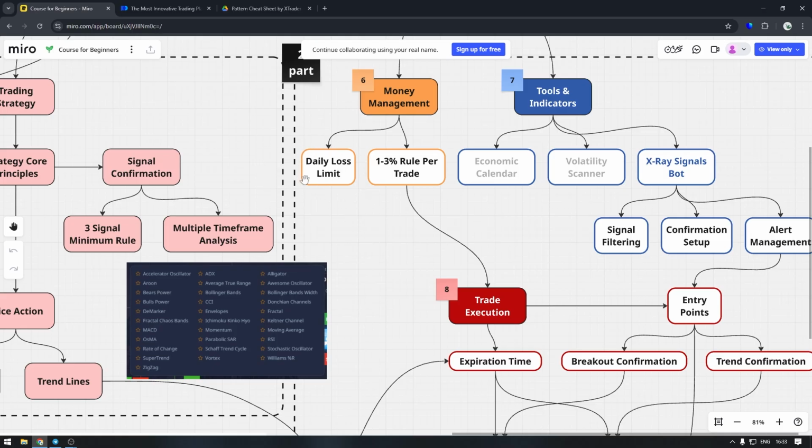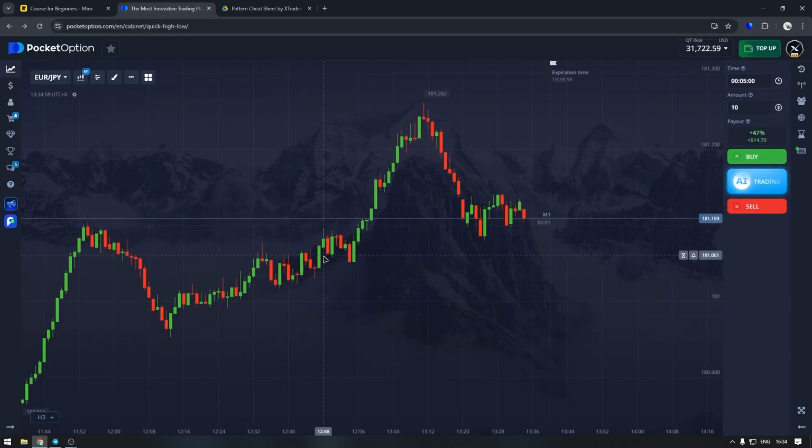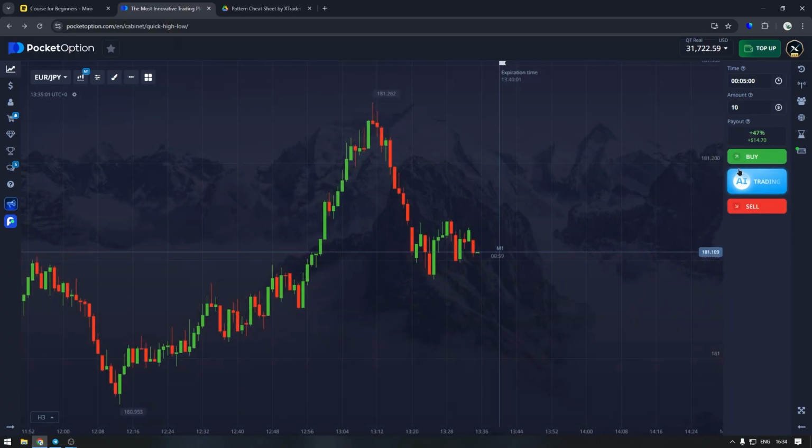And the second one you see here is daily limits. Maximum daily loss of 10%, stop trading after this. Then the maximum number of trades per day, like 10 to 15. Not so much. You don't need to just sit during the day and click buy, sell, buy, sell.